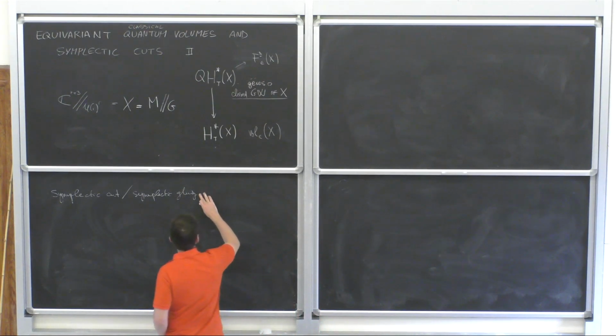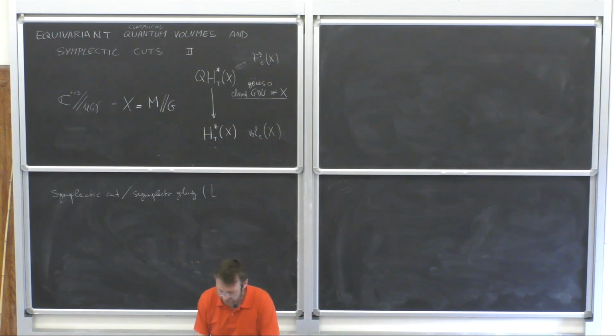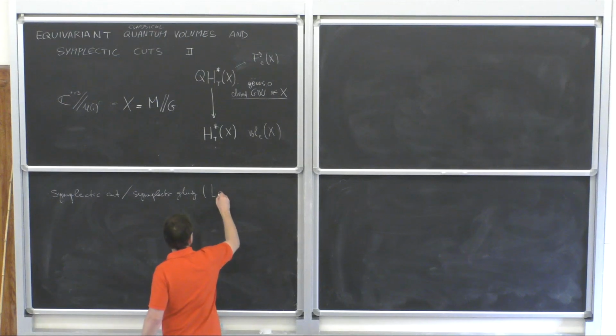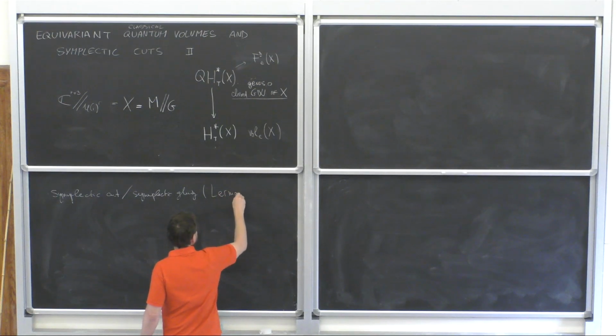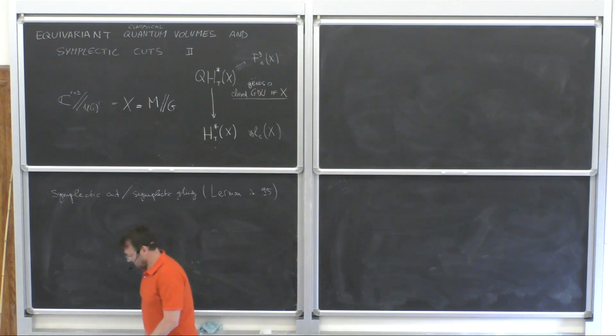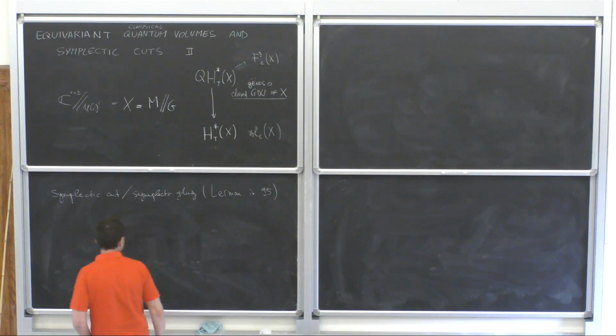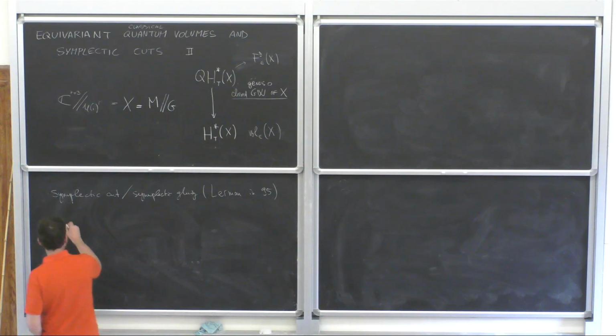Symplectic cut and symplectic gluing, I think, were introduced by Lerman in 95. And instead of giving you a formal definition, I will start to draw some pictures and try to explain what is going on.